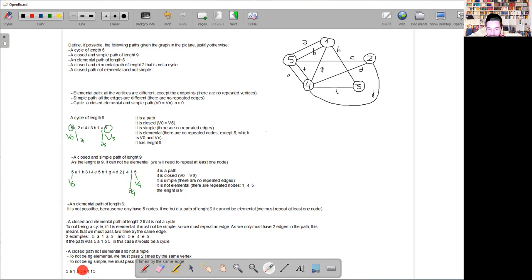But as we have 5 again in the middle, we have 5 in the end points that counts as 1, and we have 5 again in the middle. It counts like we are passing 2 times by the same vertex. So in this case, this path is not elemental and it is not simple.